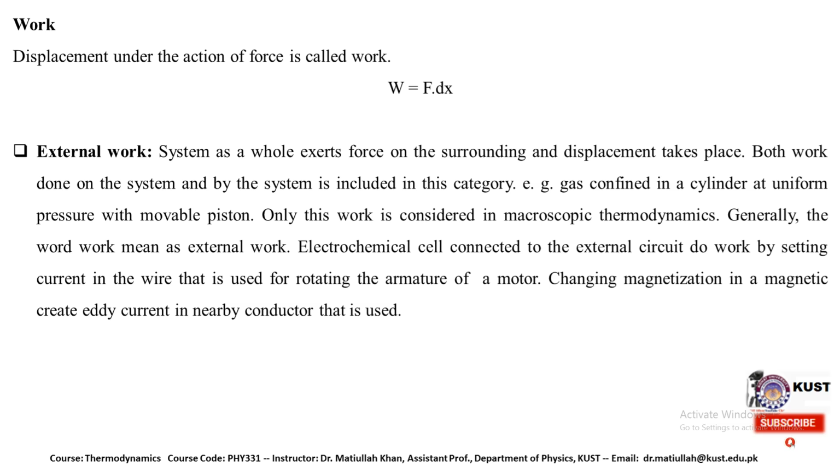So how can we explain this work in the case of electrochemical cells, or maybe in the case of some circuit? If we have an electrochemical cell that is connected to an external circuit, then as a result, current is flowing in the conductor, and if it is connected with something like a rotating motor, the armature of the motor will move, and this energy is converted into work.